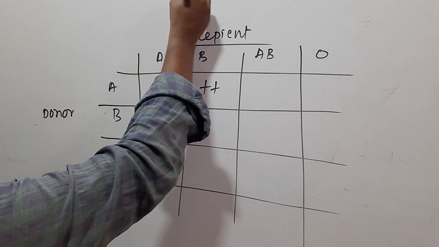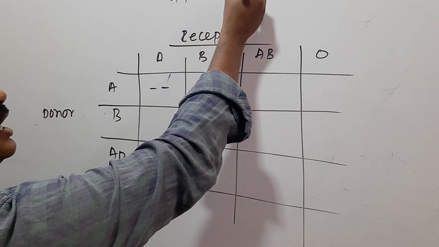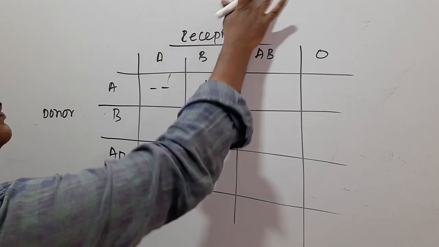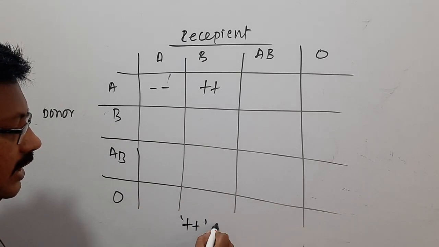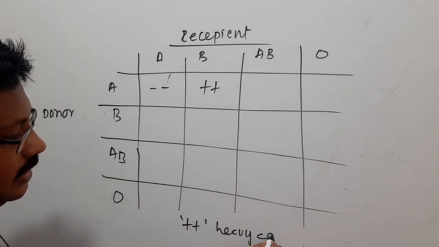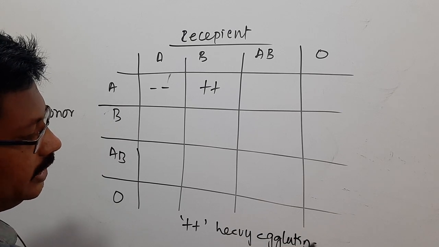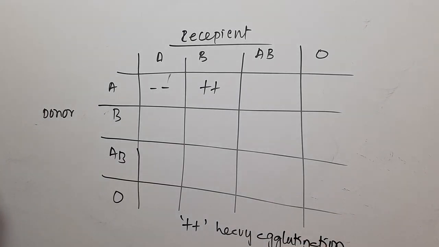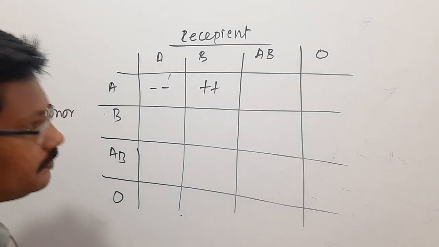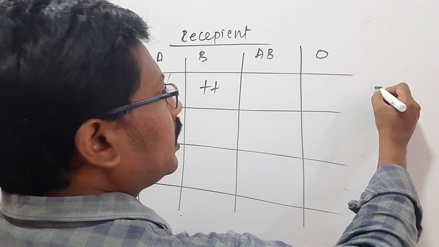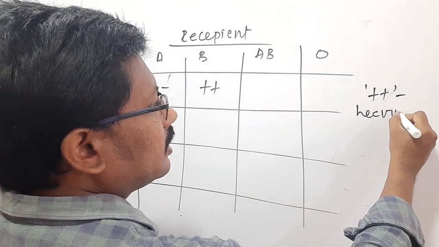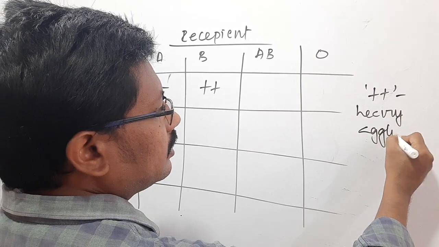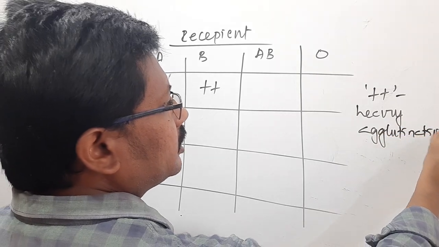Here I'll mention that plus plus indicates heavy agglutination.